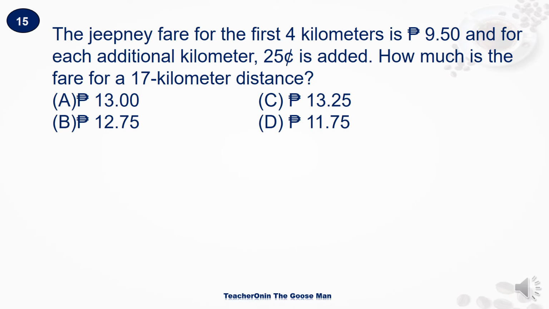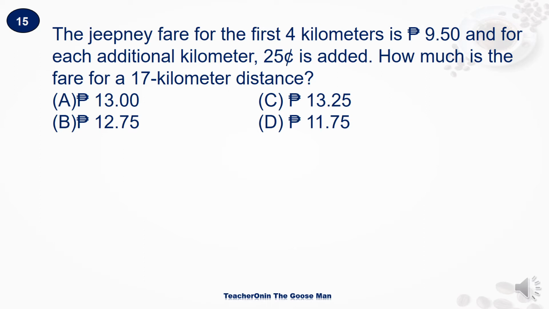Again, let's move on to the next example. The jeepney fare for the first 4 kilometers is 9 pesos and 50 cents, and for each additional kilometer, 25 cents is added. How much is the fare for the 17-kilometer distance?